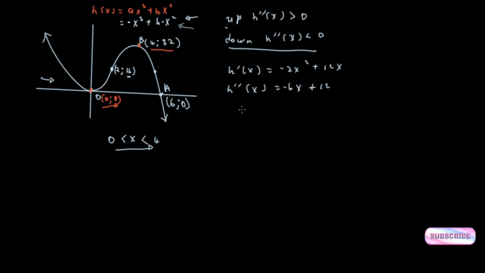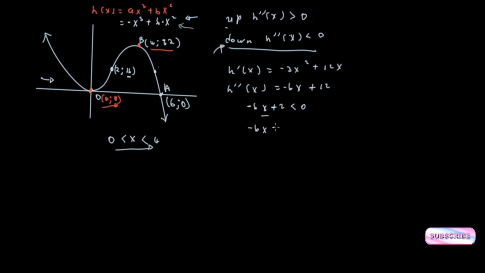Now for the interesting part: because we are talking about concave down, negative 6x plus 12 will be less than 0.